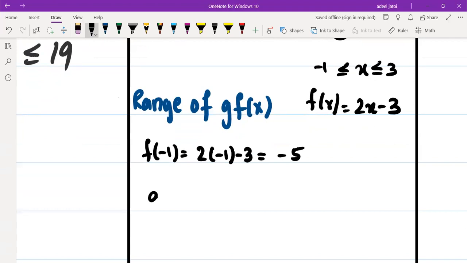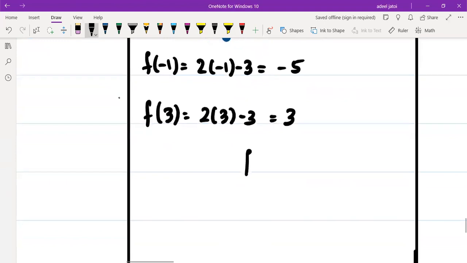And f(3) will be 2 times 3 minus 3, which means this is 3. So the range of f(x) is minus 5 less than or equal to 3.